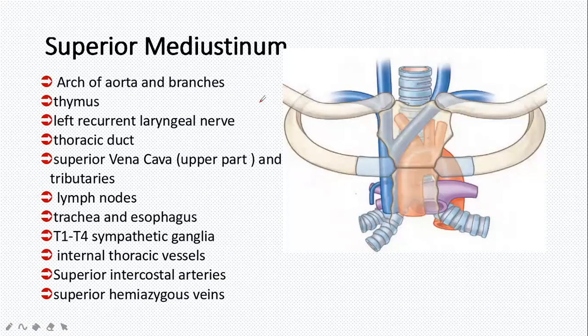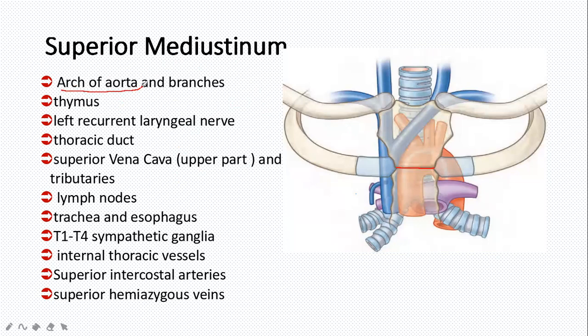Now let's talk about the superior mediastinum, right? You have to understand the components within the superior mediastinum, concerning the aorta now. So I'm looking anteriorly there, right? What you see is that within the superior mediastinum, you only have the arc of the aorta.